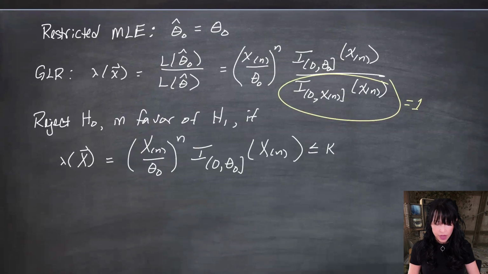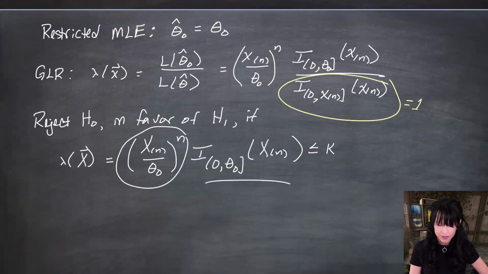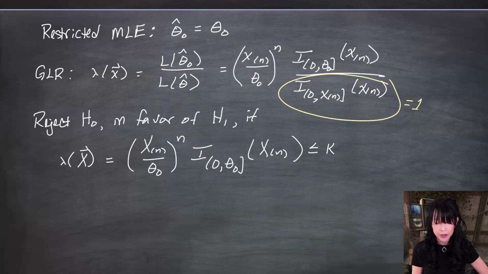Yeah, this is hard because I kind of want to take the nth root of this, but then I have to take the nth root of this. I guess that's not bad because indicators are 0 or 1. So the nth root is also 0 or 1. So I guess that really doesn't matter.